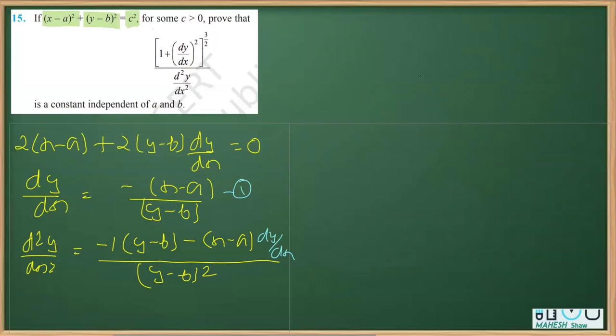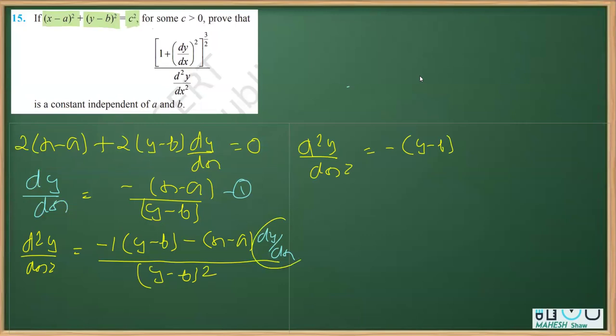Now in the next step, I'm going to replace the dy by dx with its value. So we'll get this. This d square y by dx square will be, I can see there is a minus 1 here, so it's minus (y minus b).